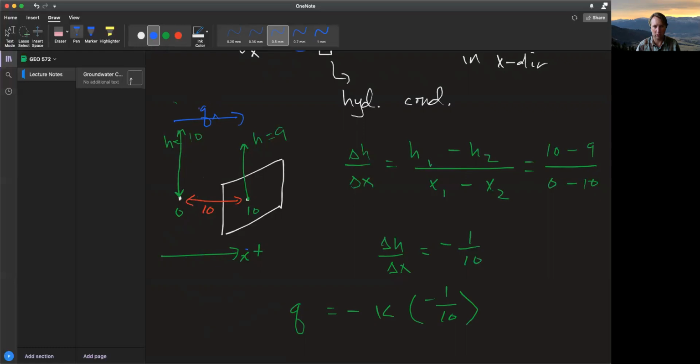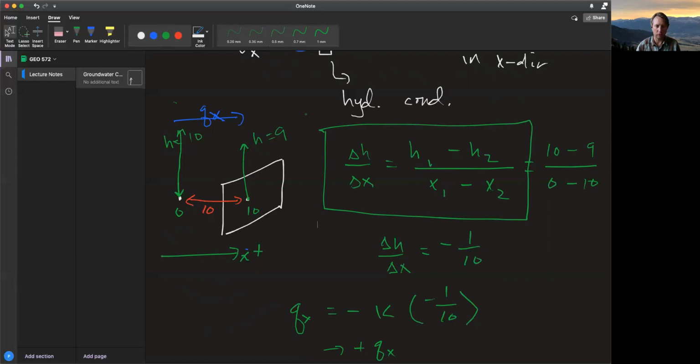So Q sub X has to be positive. The only way for that to occur is to have this negative sign here. Negative 1/10 times negative K will give us a positive Qx. So we have this negative just because of the definition for gradient. That's why that negative is there.